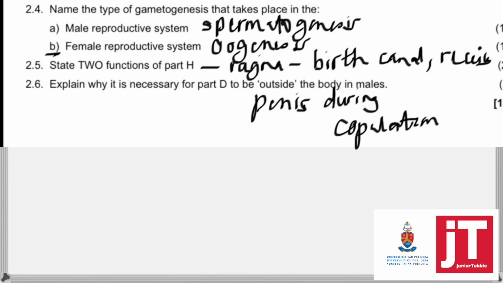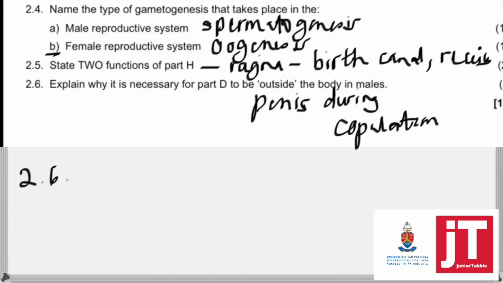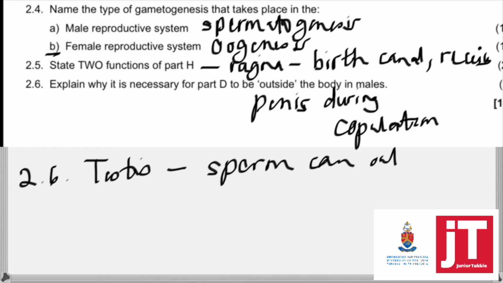Right, and 2.6. Why is it necessary for part D? Part D is the testes. Why is it necessary for part D to be outside the male body? So the testes is outside the man's body because sperm can only be produced at 2 degrees below body temperature.